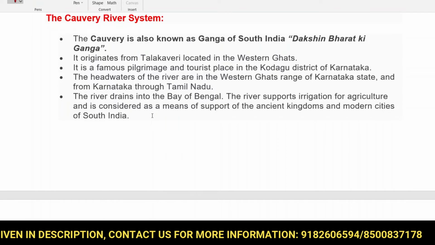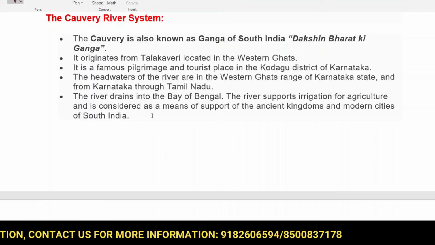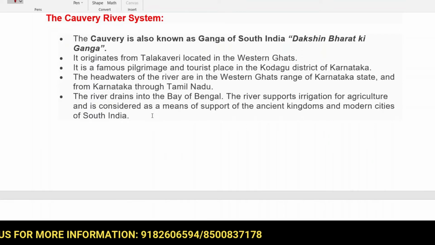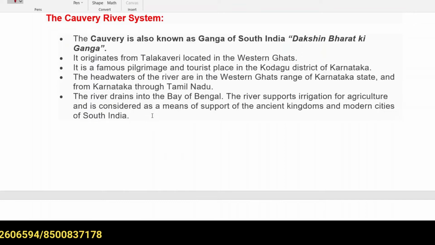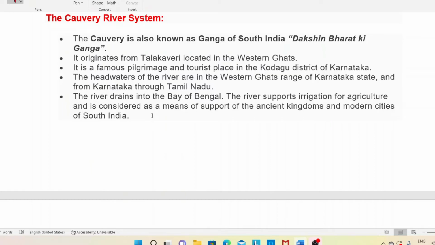Here we can see it flowing from Karnataka to Tamil Nadu and draining into the Bay of Bengal. This is about the Kaveri river system.